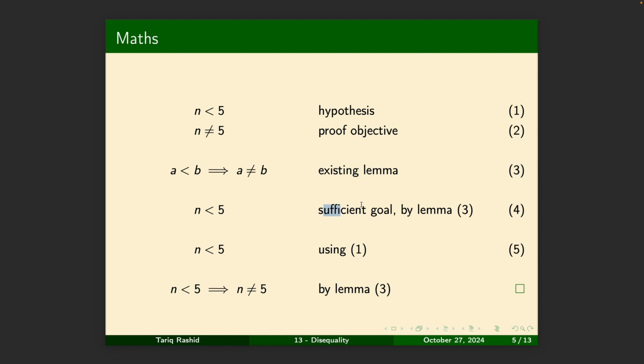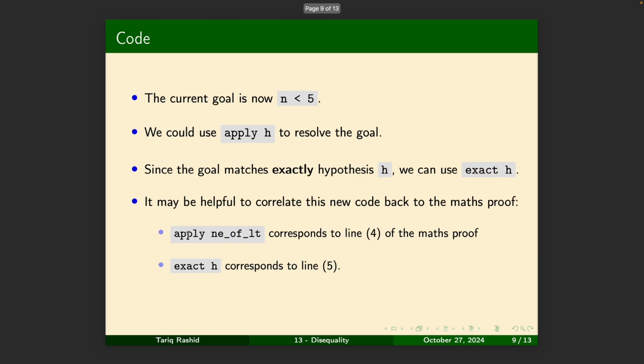When we apply the lemma, by lemma 3, this is a sufficient goal. So even though our ultimate goal is a disequality, by that lemma, if we prove this, then we've got that. So the application of the lemma means that we just need to prove this left hand side. This line is what corresponds to the apply any of LT.